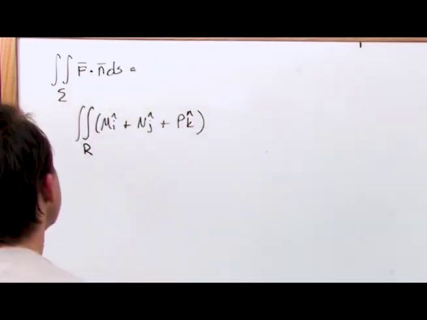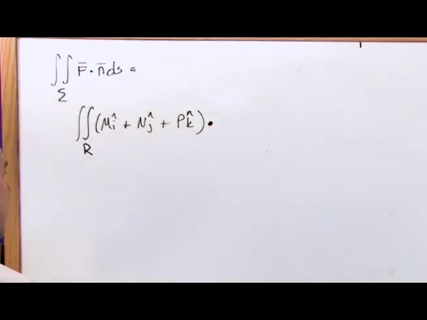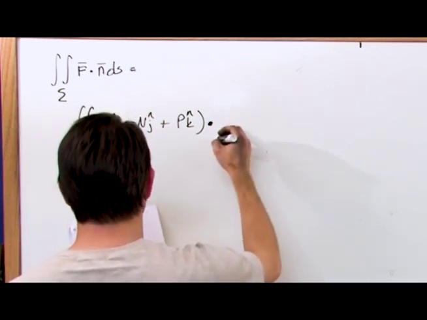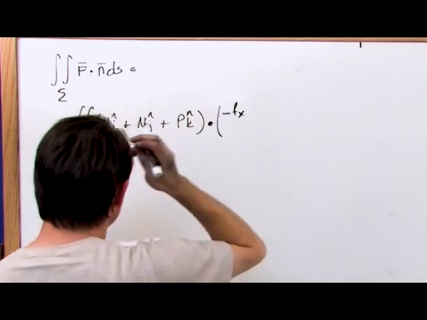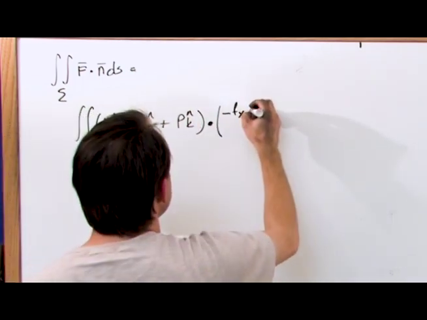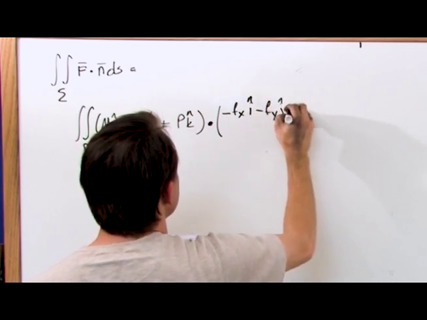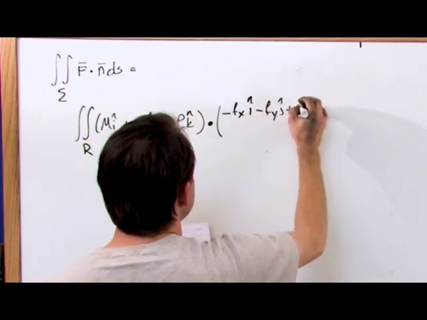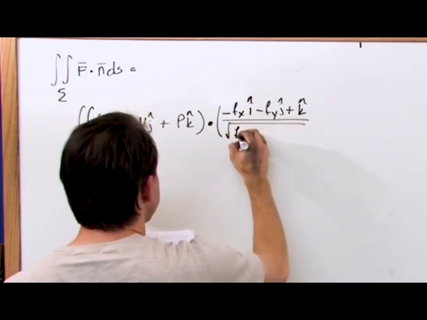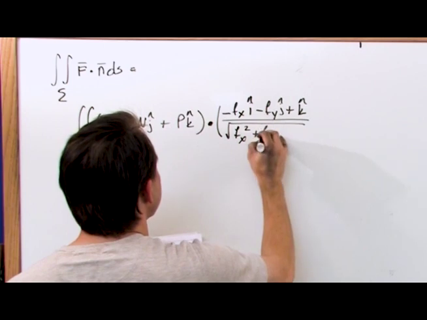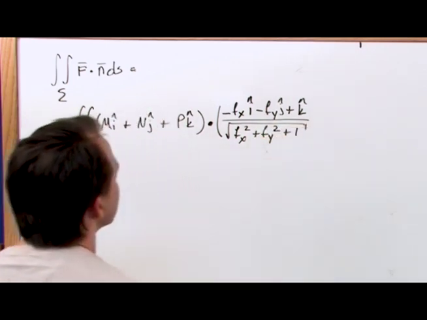I'm going to dot this with the normal vector, and I'm going to use the upward representation: negative f sub x i minus f sub y j plus k. And in the bottom is going to be the square root of f sub x squared plus f sub y squared plus 1. All right.